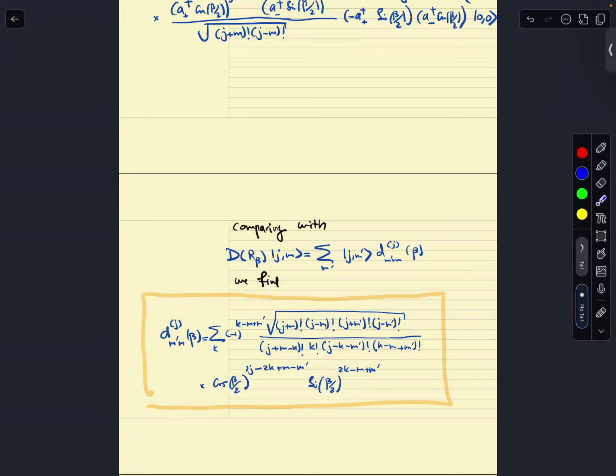Any questions? What I'm going to do in the remaining half an hour or so is summarize everything we've discussed, a quick and high-level summary of everything about angular momentum and addition of angular momentum. But it's a good moment to pause and think if you have any questions. It's a good time to ask.